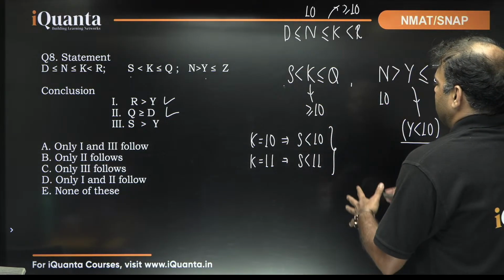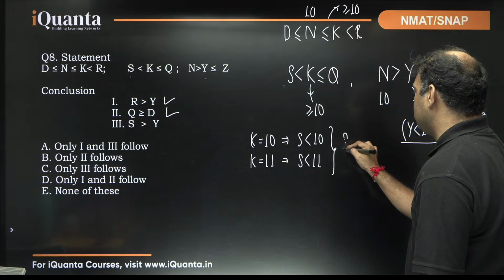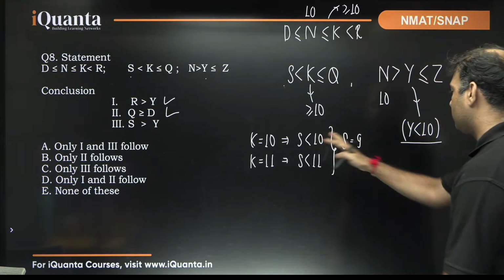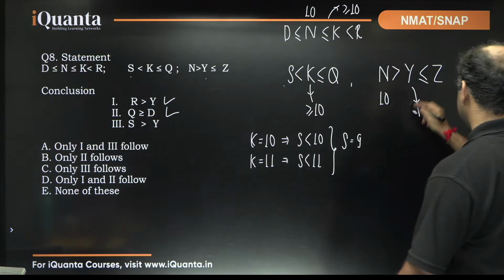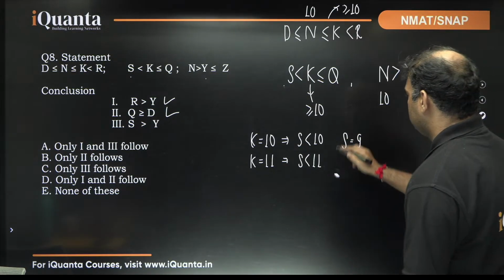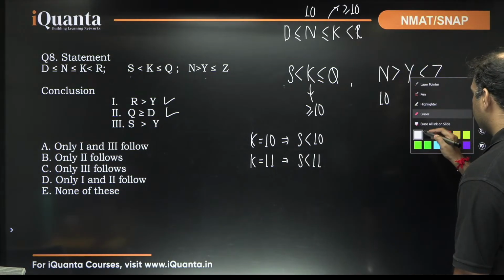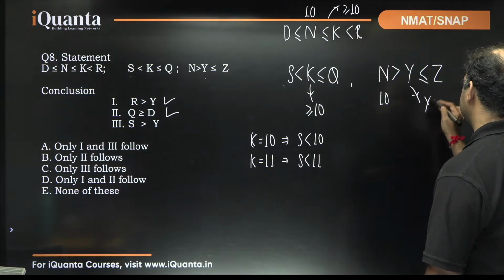See, let's say S is for a while equal to 9, and Y, from the first case, Y is less than 10. That's the only thing we can say.